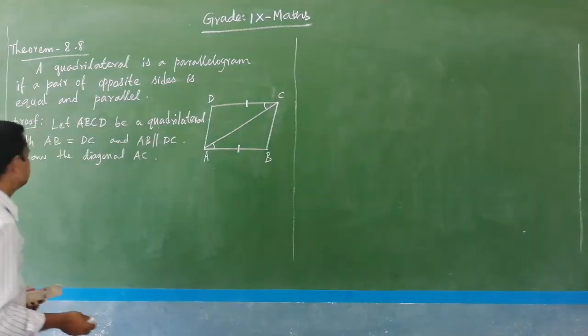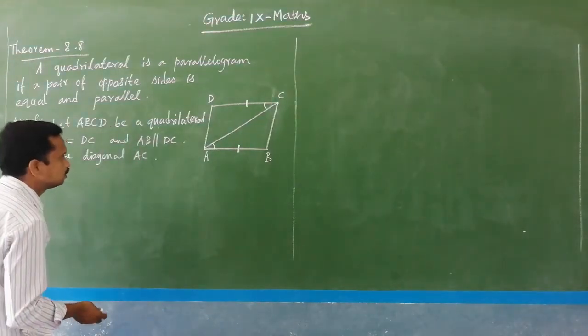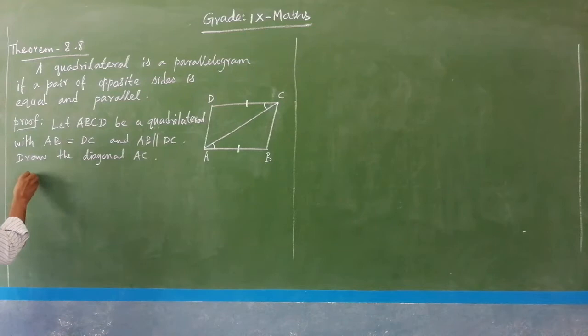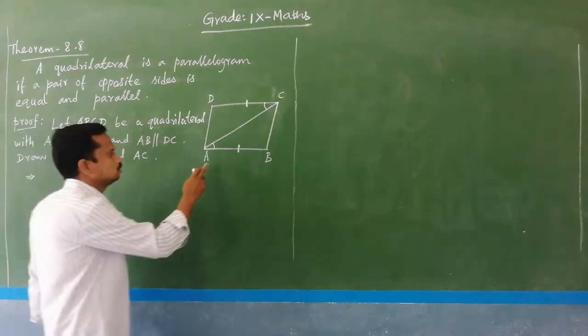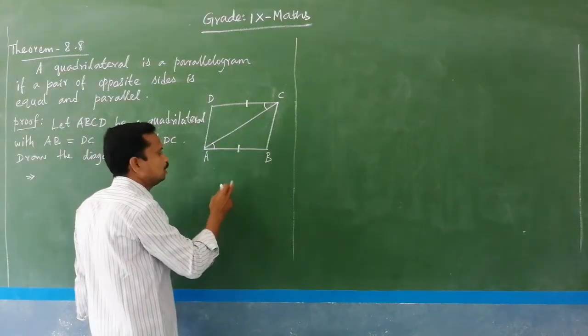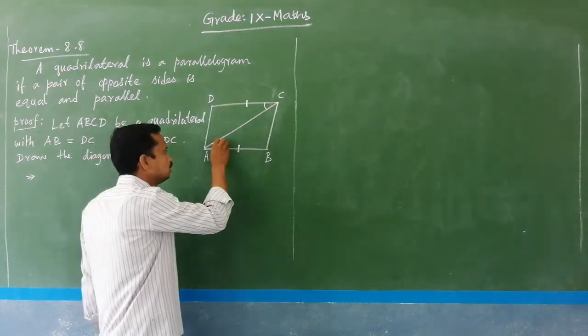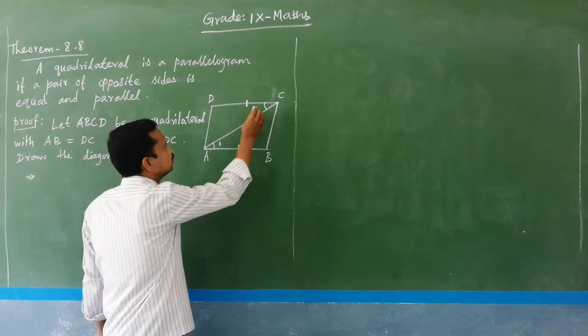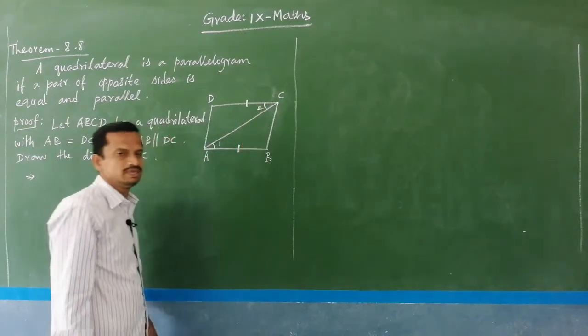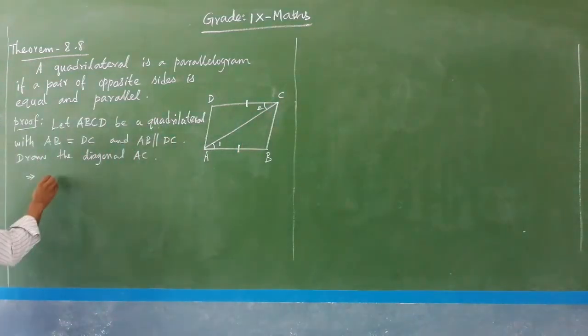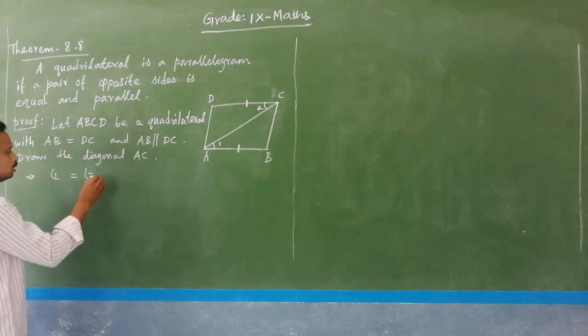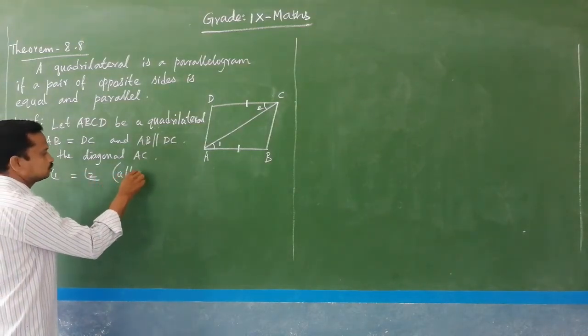So, for that, AB and DC are parallel and also equal, it is given, and this is the diagonal, meaning this angle 1 and this angle 2 will be equal. You know that angle 1 equals angle 2 because they are alternate angles.